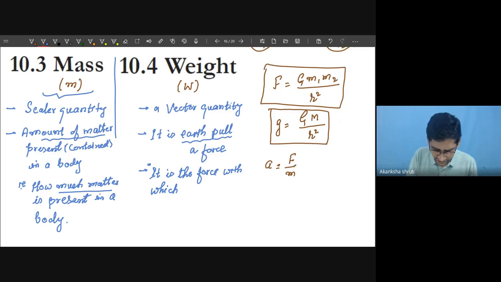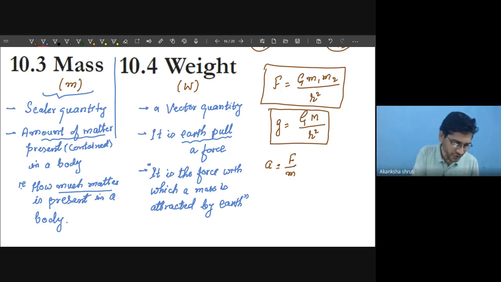It is the force with which a mass is attracted by earth. So we have to keep in mind it is a force. Which kind of force? Force of attraction by the earth. So it is simply the earth pull.